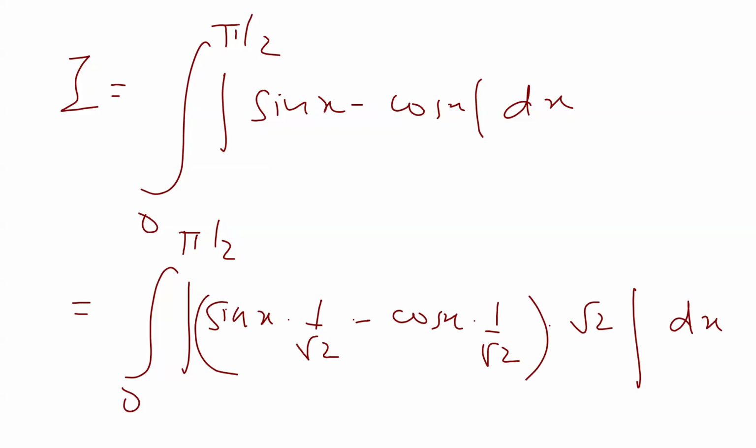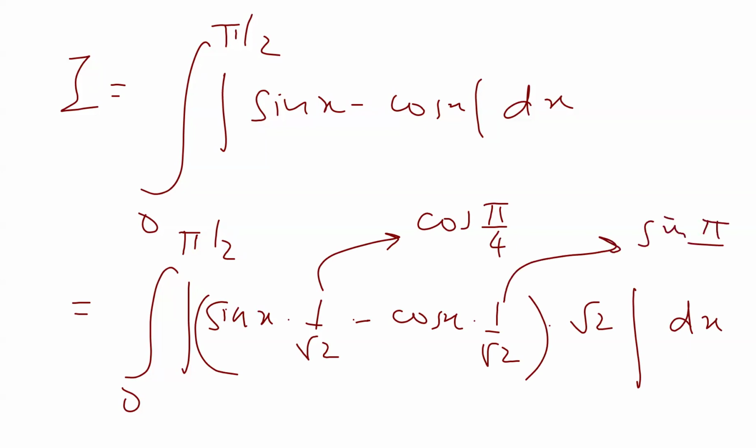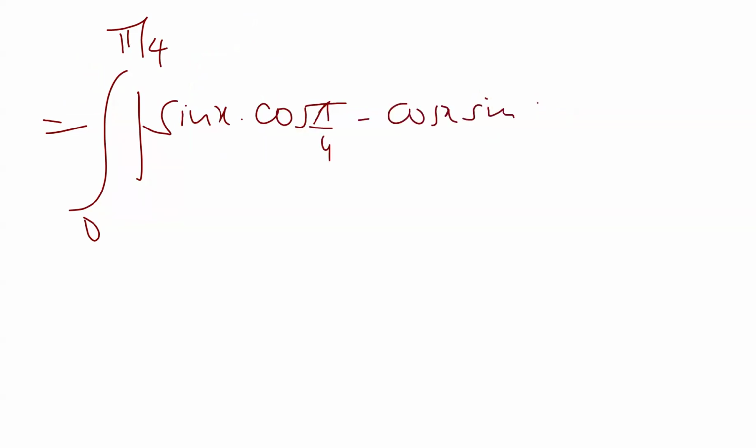Okay, and then this is cos 45 and this is sin 45. That was the reason. So 0 to pi by 2, sin x cos 45 minus cos x sin 45, into root 2.